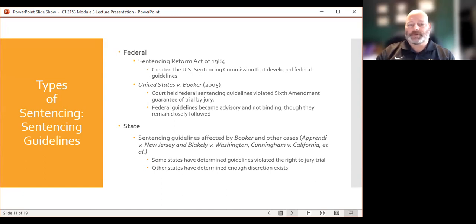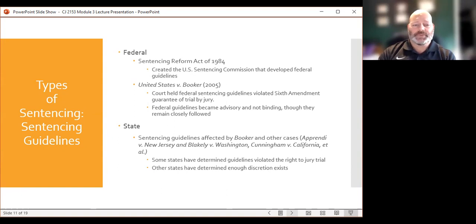So basically, after Booker, federal sentencing guidelines became advisory and not binding. However, they are still closely followed by judges at the federal level.